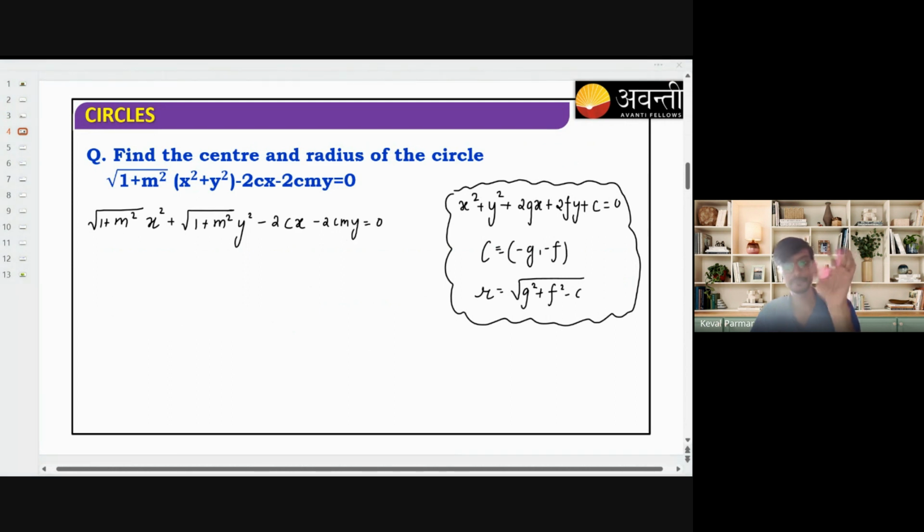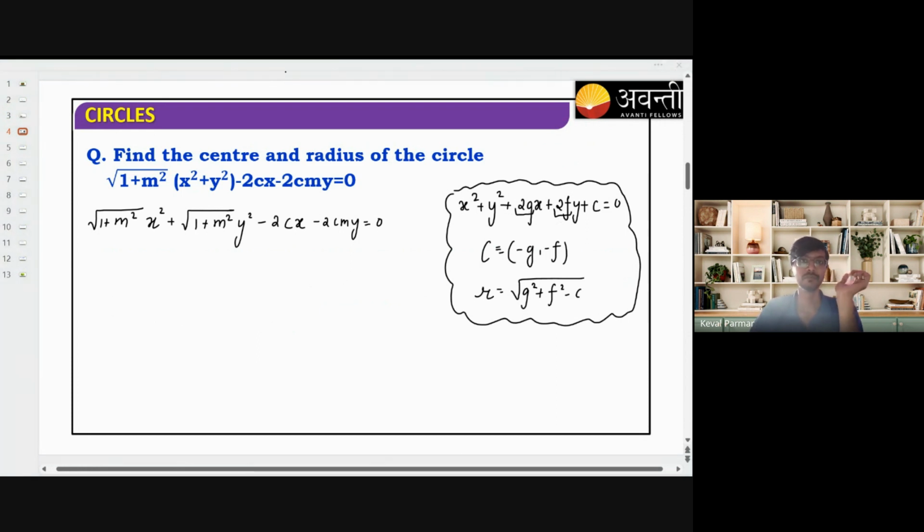Now let me remind you, how do we get the center? We look at the coefficient of x, divide it by 2, and then change the sign. For example, if the coefficient of x was 2g, divide by 2, we get g, and then change the sign, from plus to minus, so I'll get minus g. The same thing you can do here.